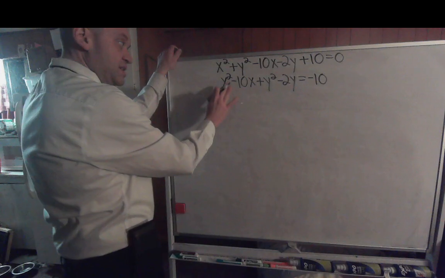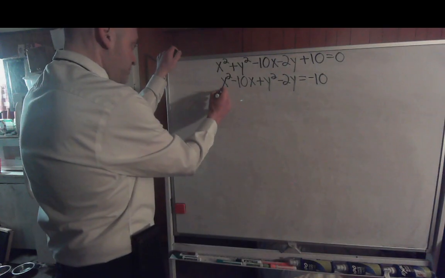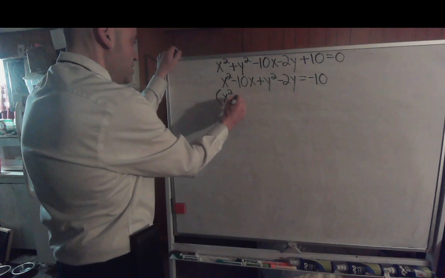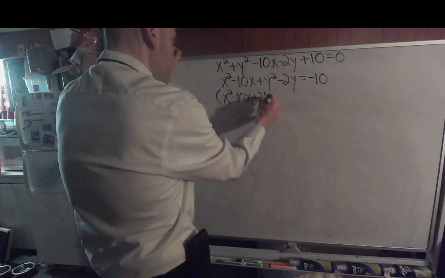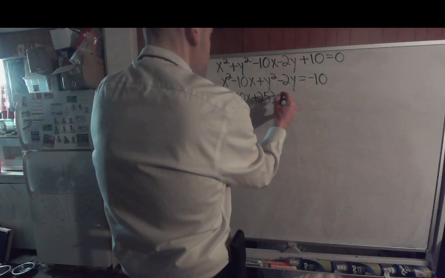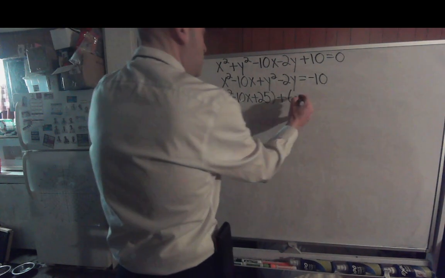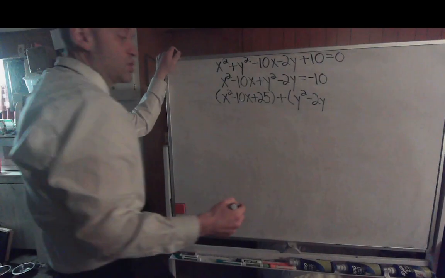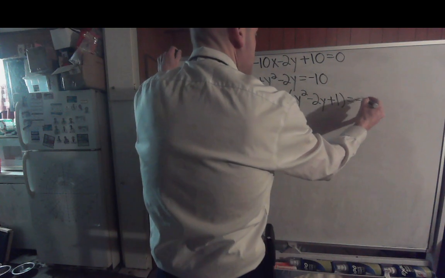So good news is leading coefficients on both your quadratic terms are 1. So let's complete the square on each of these. So x squared minus 10x, if you complete the square, you should get plus 25, plus the y squared minus 2y, well, this would actually turn into plus 1, equals negative 10.